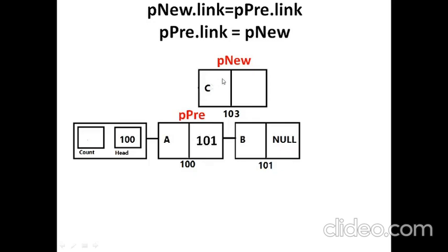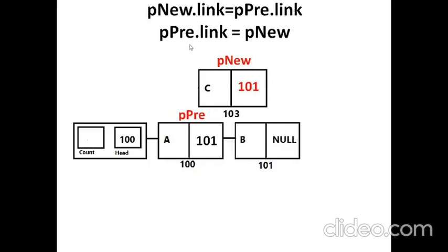So 101 has to be copied into pnew. This is what I mentioned while discussing the new insert, that you should do it in this order: you first get this address from the previous node to the new. After that you overwrite this. If you overwrite this first, then you will never get 101 to copy here. So first you copy 101 here, step 1.